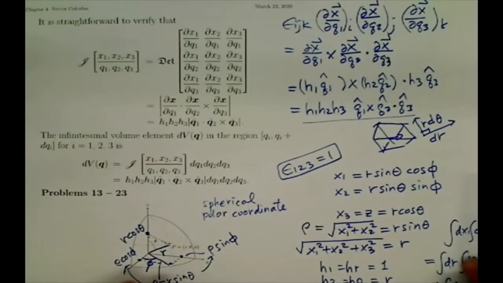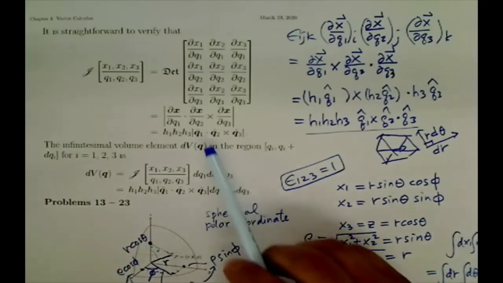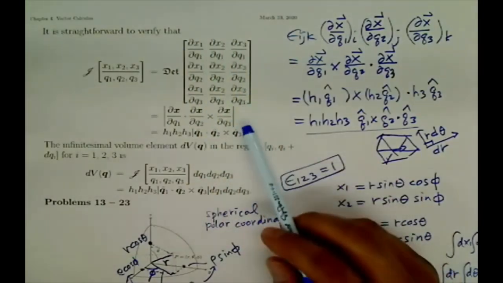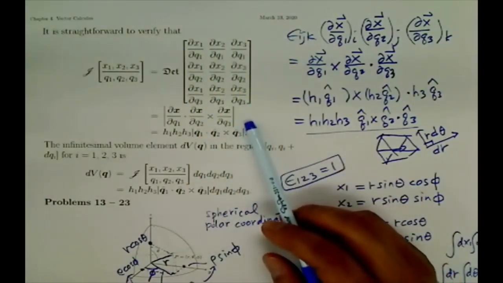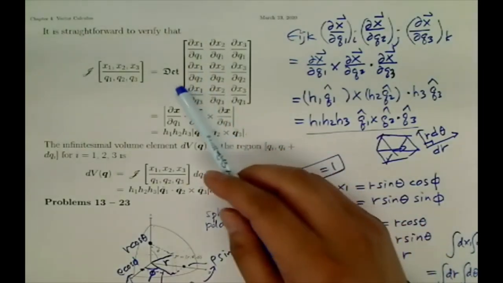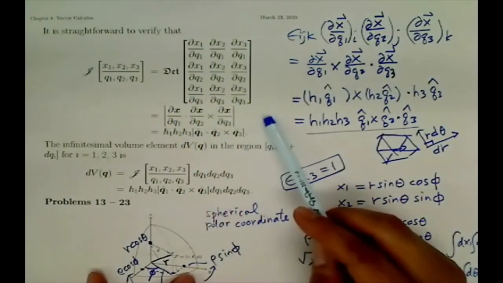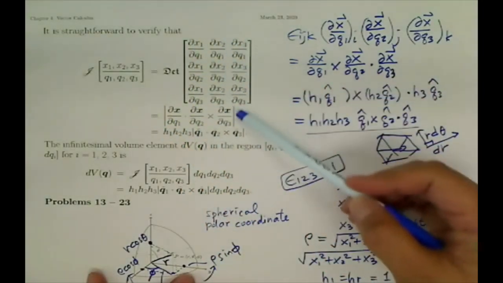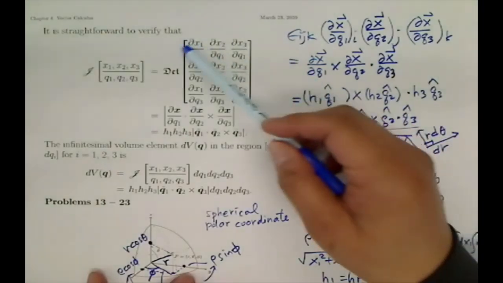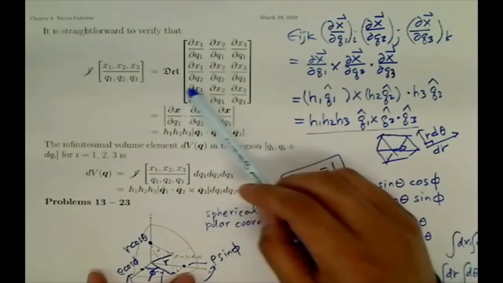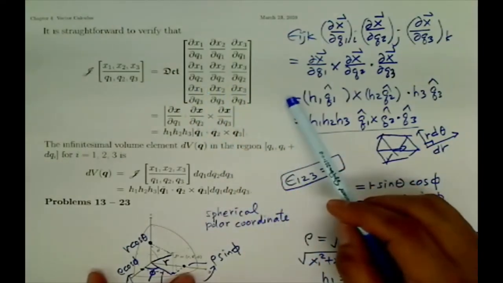The Jacobian from the Cartesian coordinates to a curvilinear coordinate system was written in a very complicated form, but although it looks very busy, it is simple. The rows are q1, q2, q3, and the columns are x1, x2, and x3, with all the x's in the numerator and all the q's in the denominator.